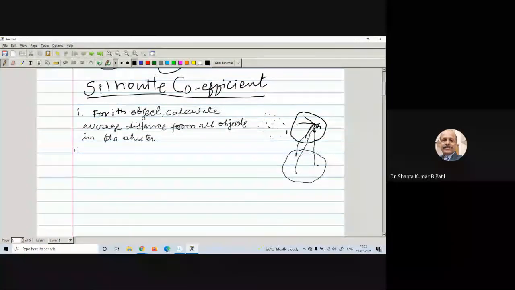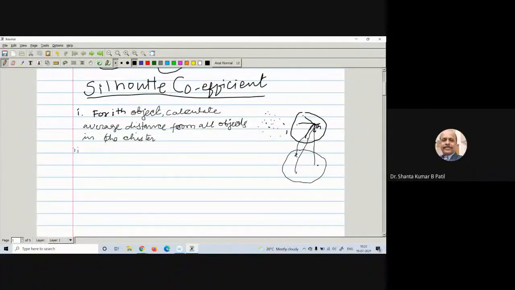From the ith object, you need to find the average distance to all the points in the other clusters. You can mark this as BI, and the first one you can call AI. AI is the average distance of all the objects from the ith point, whereas BI, for the ith object, is the average distance to the points in the other clusters.